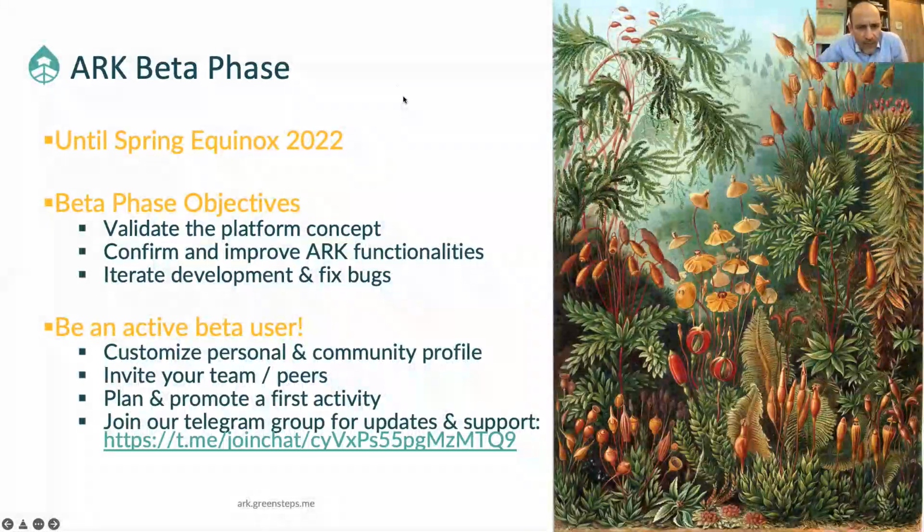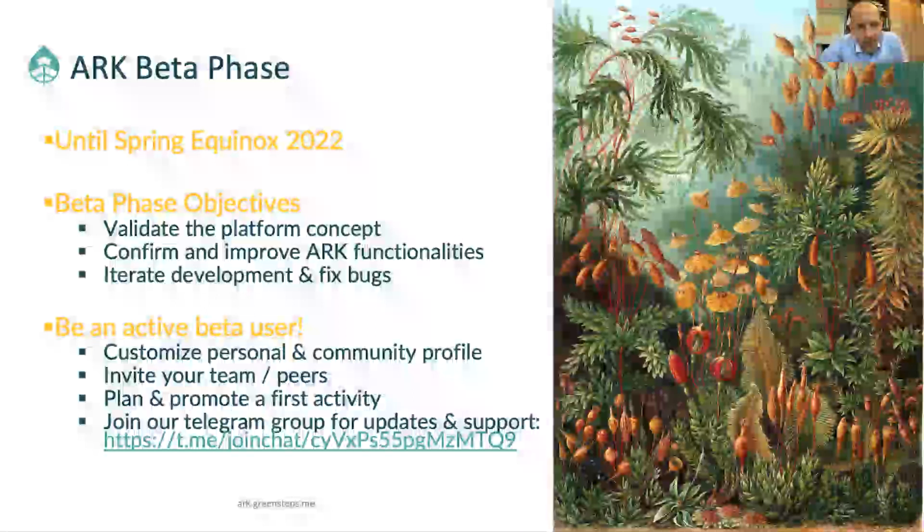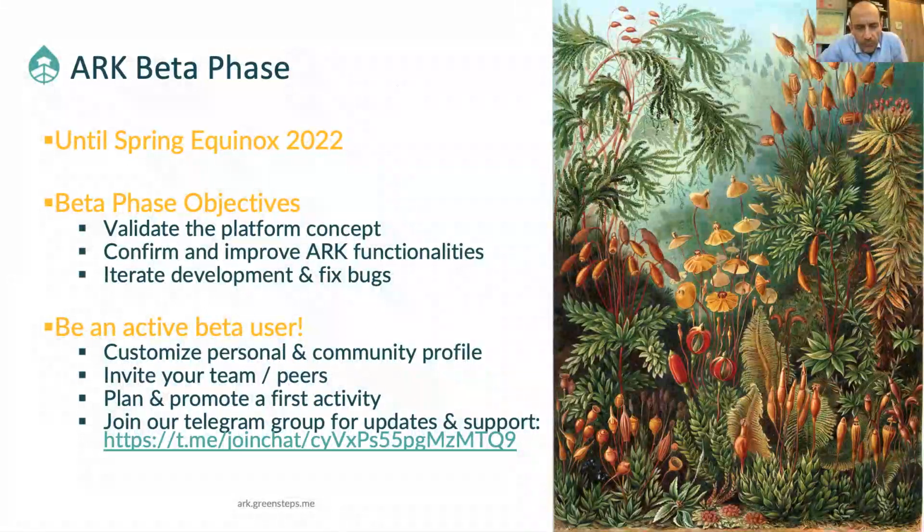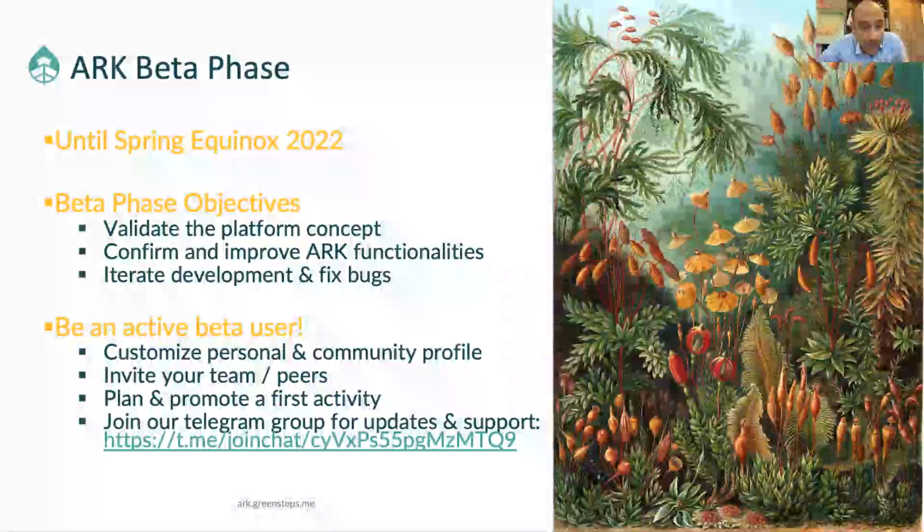Also, as general information, the beta phase is scheduled to last until spring equinox, that's the 22nd of March. By then, we really hope to go into the production process. Although, as whoever has been involved in software engineering knows, it is a long, tedious process. And even if we go public, everything will be work in progress.